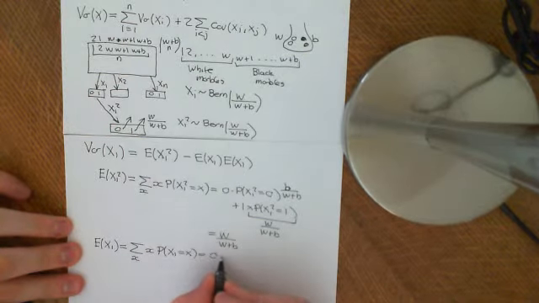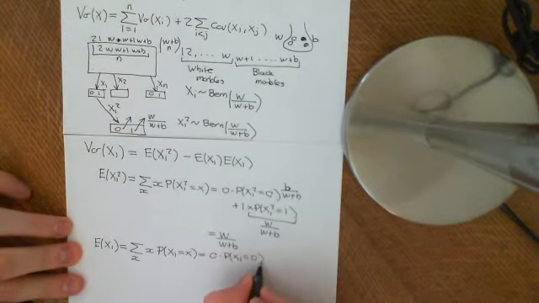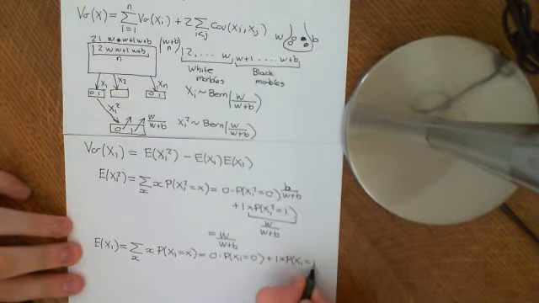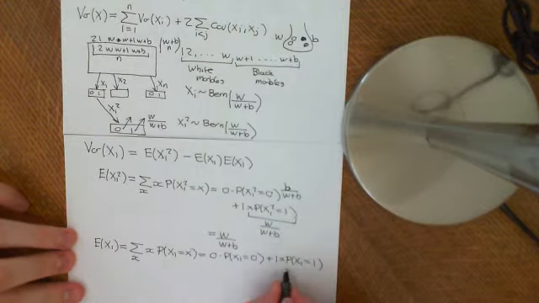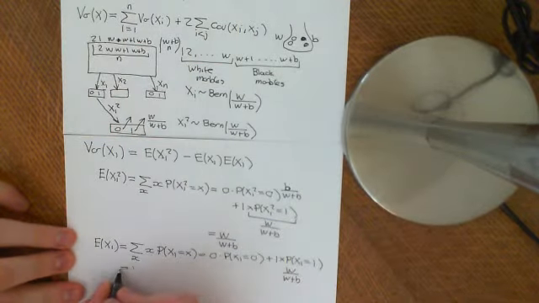So again, it becomes the exact same sum, 0 times the probability that x1 is equal to 0, plus 1 times the probability that x1 is equal to 1. Okay? And basically the probability that x1 is equal to 1 is again w over w plus b, and therefore we get that this expected value is equal to w over w plus b.